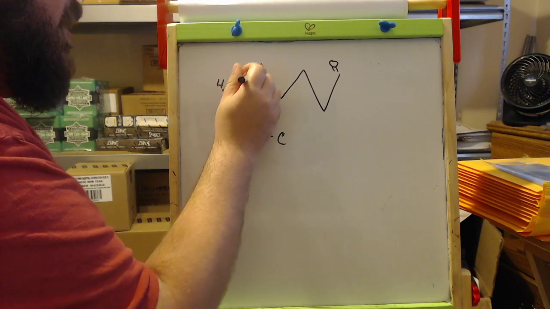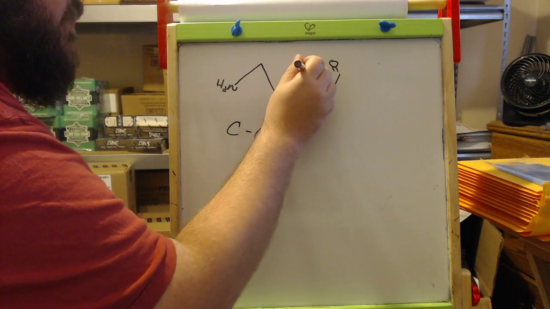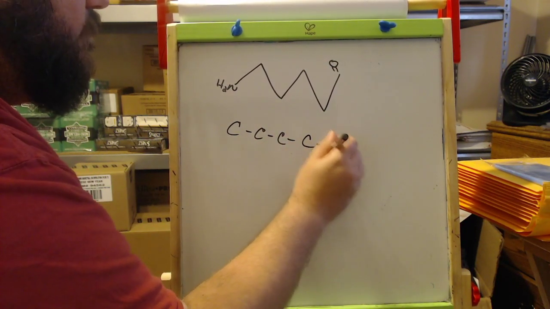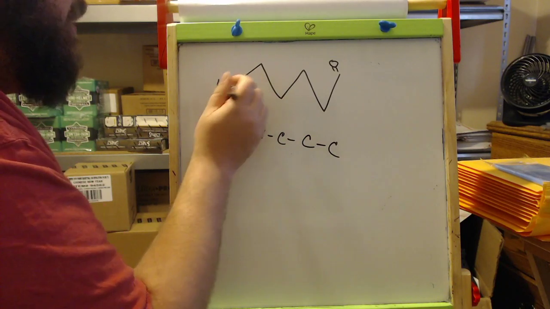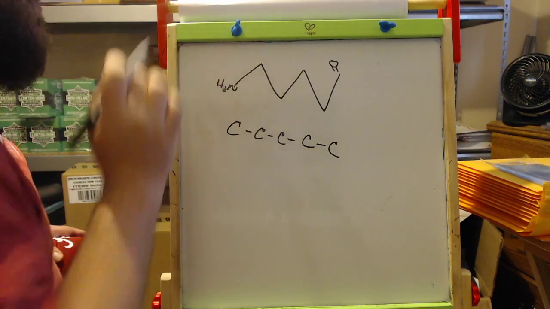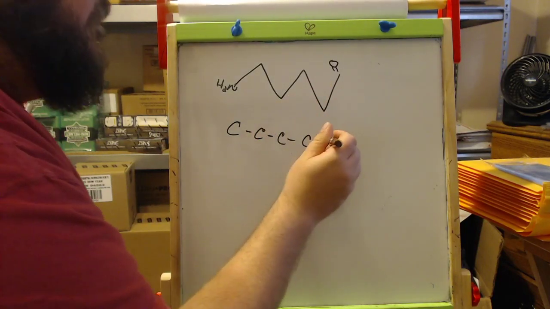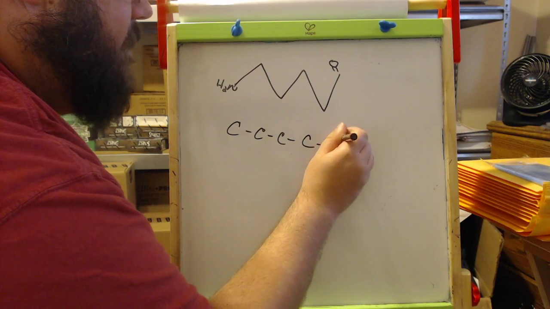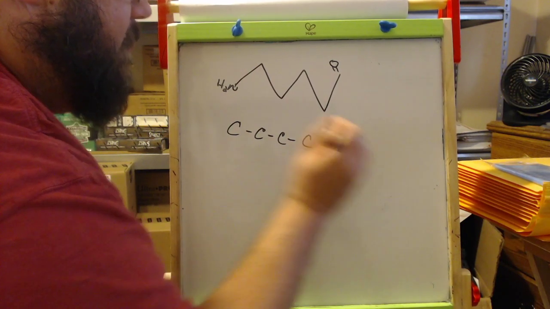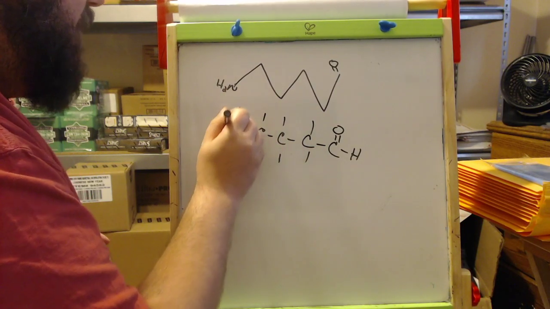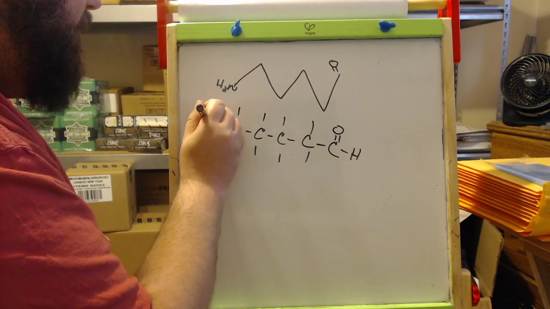So I have 1, 2, 3, 4, 5 carbons, because this carbon here is bonded directly to that. So 5 carbons. On this end I have a double bonded O with an H, and on this end I have an NH2.